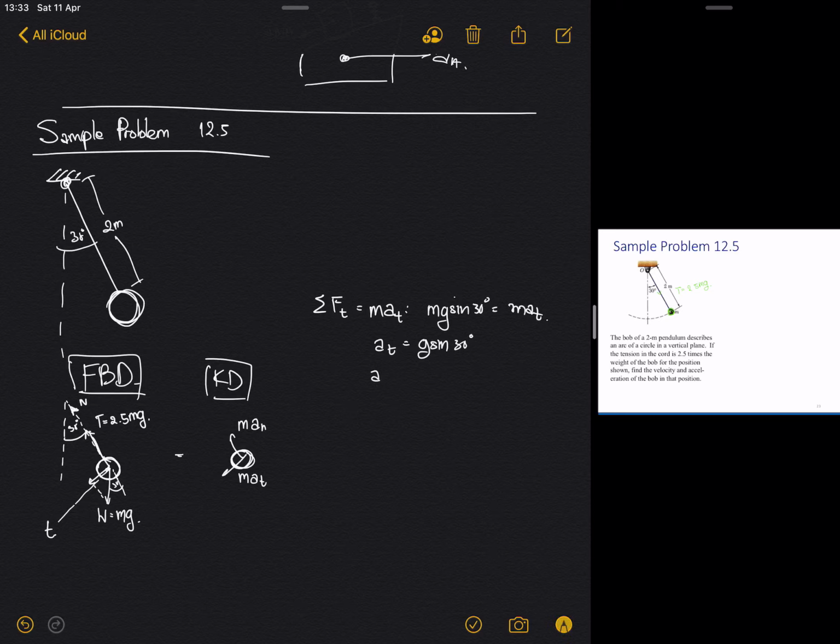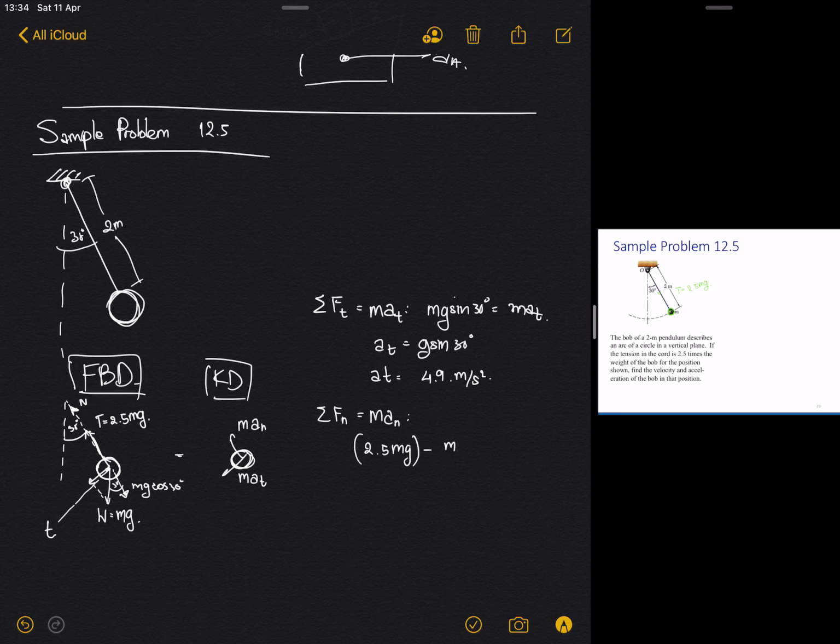And in the end, it will equal 4.9 meters per second squared. Next we do the normal direction, and we know this is tangential T, but actually 2.5 mg here, and then negative because of the negative sign for this weight, and this is mg cos 30.